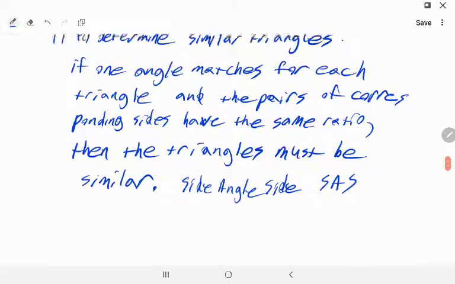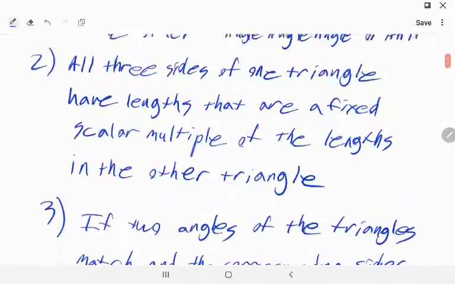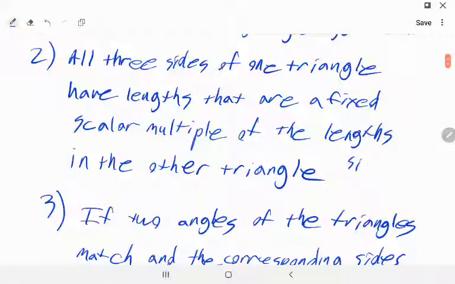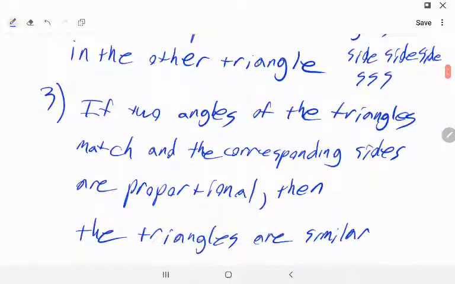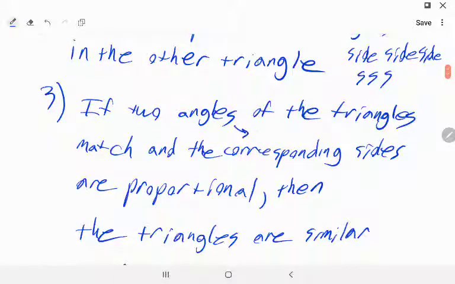And then technically we can call the second method side, side, side. Method 3 is technically method 1, just because if two angles match, the third angle has to match as well. And so it's pretty much the same thing as angle, angle, angle.